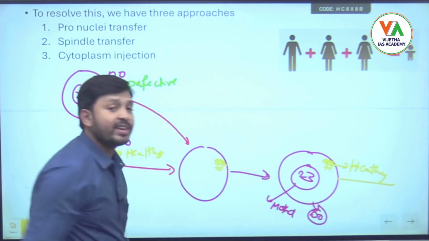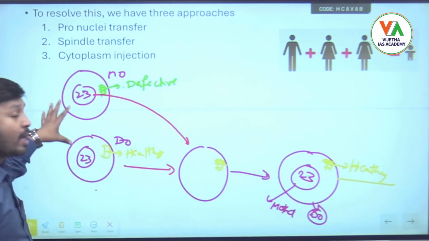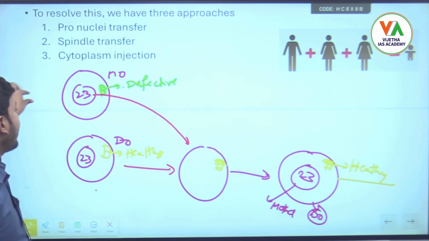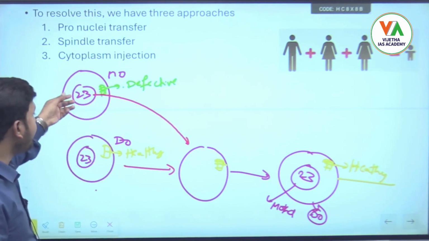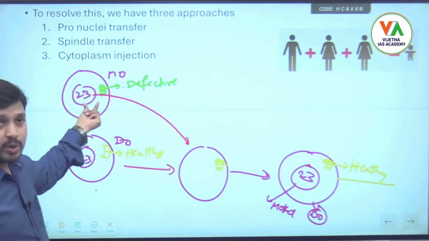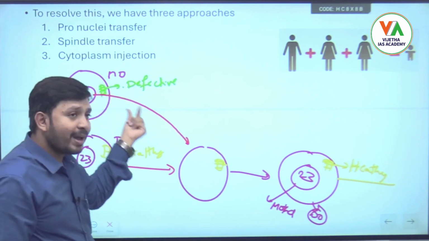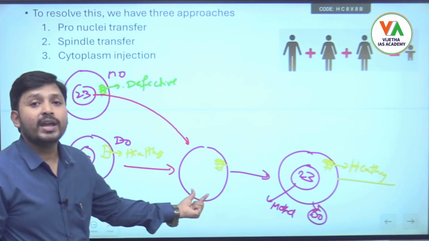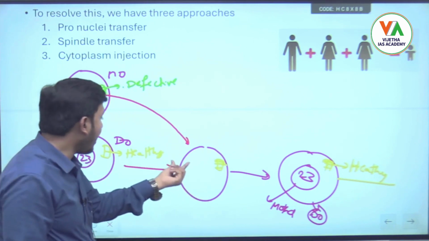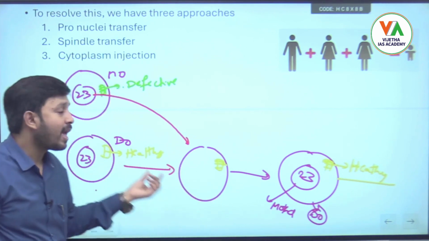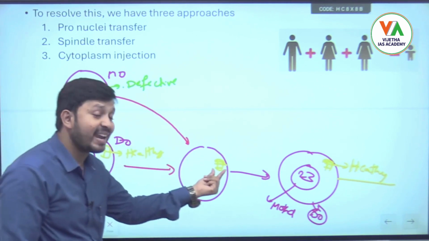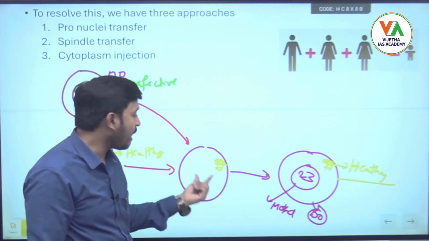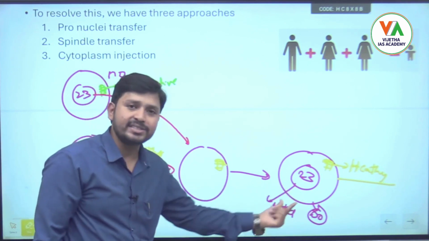Compared to the previous case, where we fused before itself, now I am transferring the healthy nucleus of the mother into the donor's egg. After discarding the donor's nucleus, I am transferring the mother's nucleus into this donor's egg, because the donor egg is having healthy mitochondria. Once this is done, we are getting this structure, right?